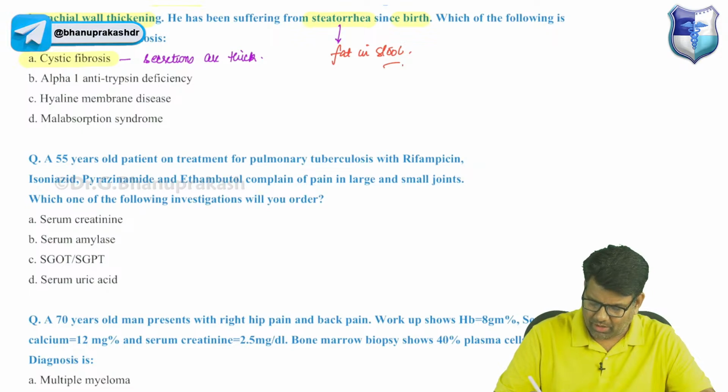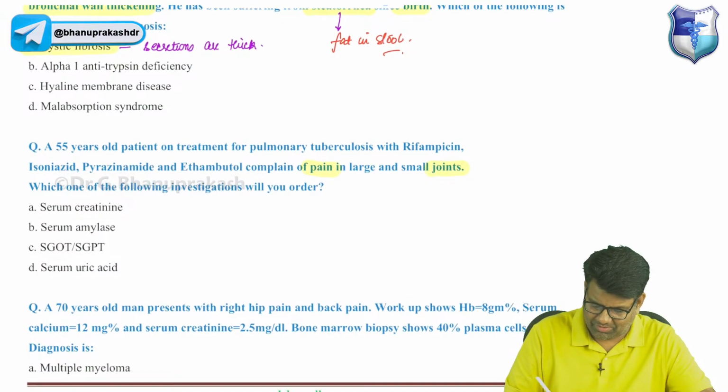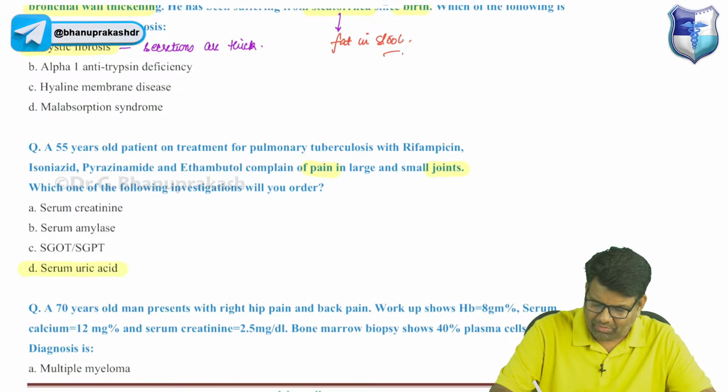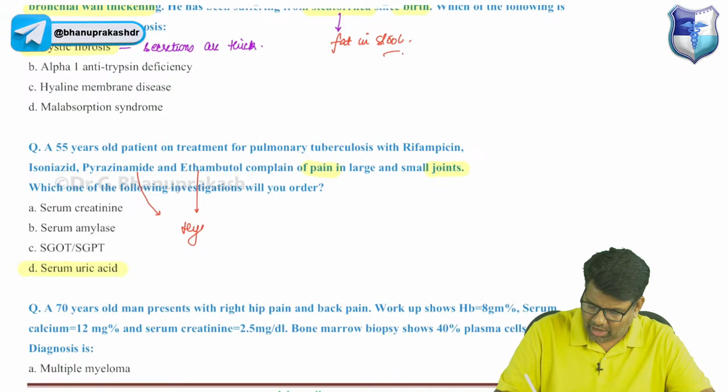Now next question. A patient was treated for pulmonary tuberculosis and was given rifampicin, isoniazid, pyrazinamide and ethambutol. Now he is complaining of pain in joints. What will you order? Yes, very good. We will go for serum uric acid because there are a few offending drugs which can cause hyperuricemia, right?